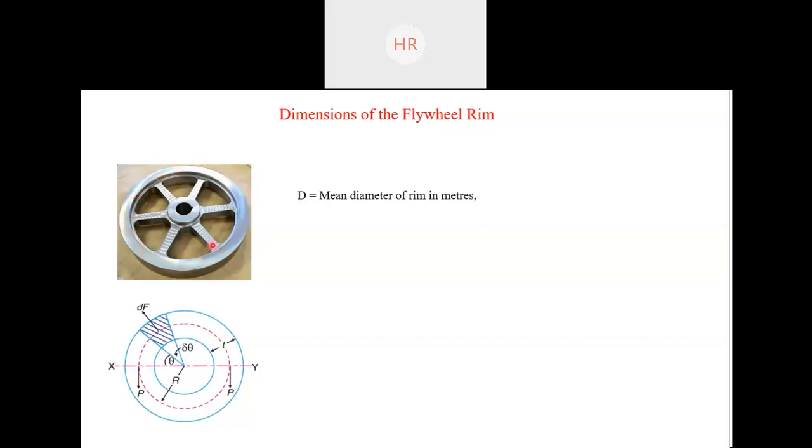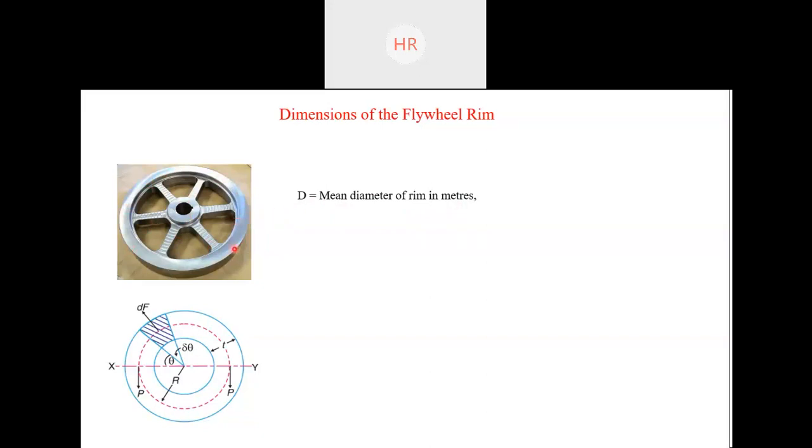So in designing a flywheel, we are neglecting the mass of this hub and this arm as compared to the mass of the rim, which is much higher. So we will concentrate on flywheel rim only.